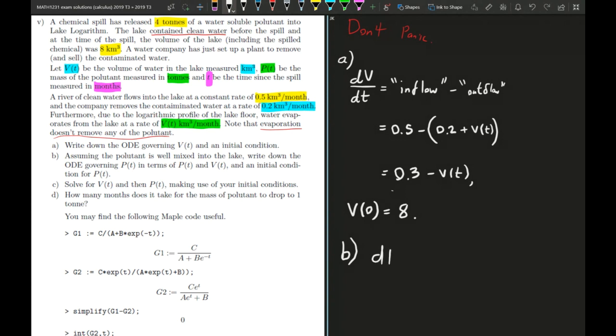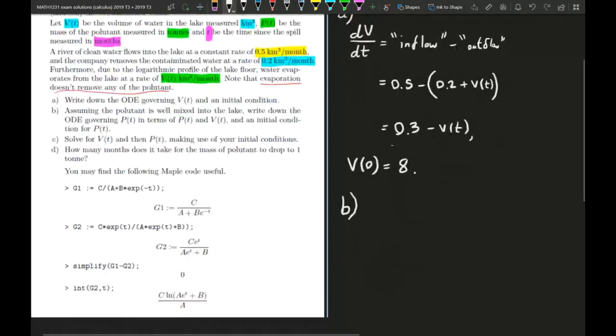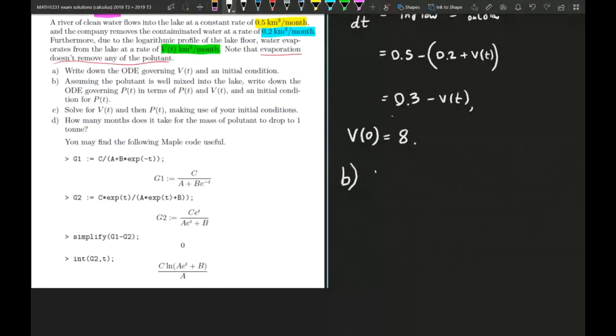So rate of change of pollutant with time. Well, that is going to be, just from the company itself, how would I write this? So maybe words would be better to explain this. So let's say the density of pollutant.